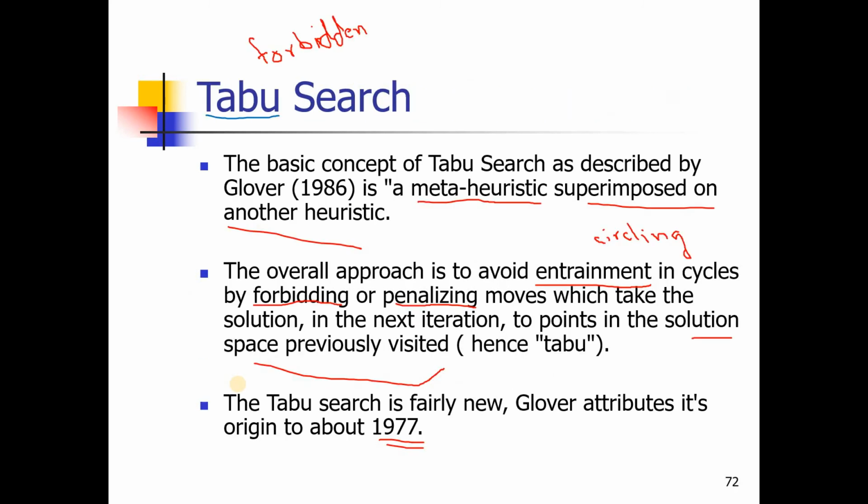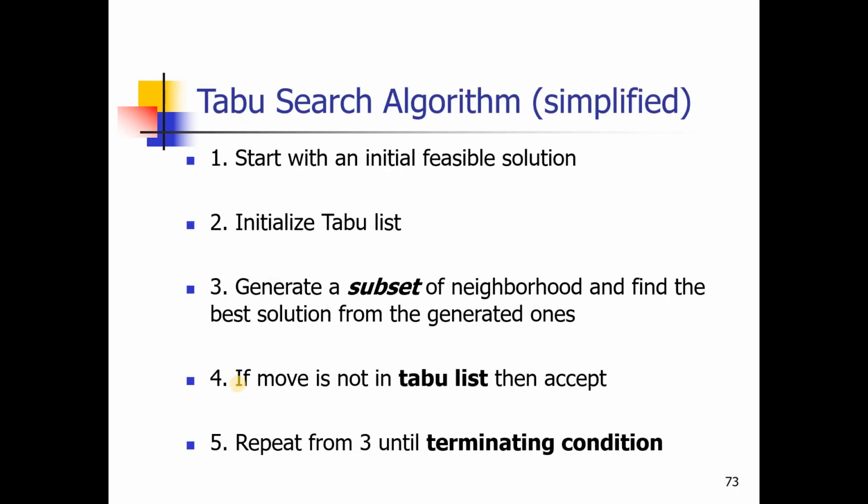So how does the Tabu search work? You start with an initial feasible solution, some solution that is valid but maybe a bad valid solution. You initialize the taboo list. There is a list that you keep track of, and you generate a subset of neighbor nodes and find the best solution from the generated ones.